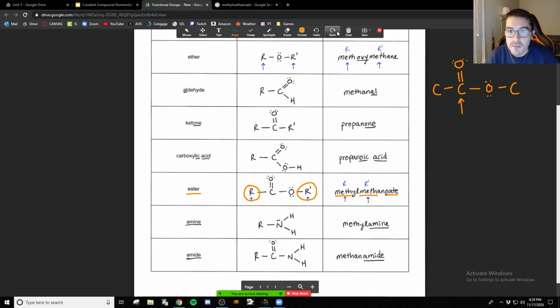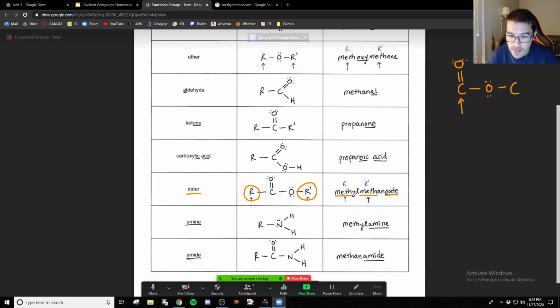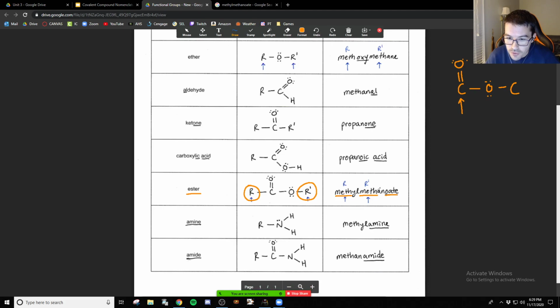So what that means, just like with the aldehyde, is that if my first carbon chain is one carbon long, methyl methanoate, this carbon is not actually bonded to another carbon. It's only going to be bonded to a hydrogen. So that is the first carbon in that carbon chain, the only carbon in that carbon chain. This carbon over here is my second one, my R prime.